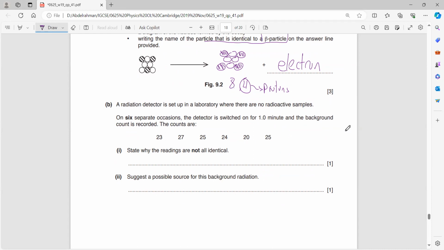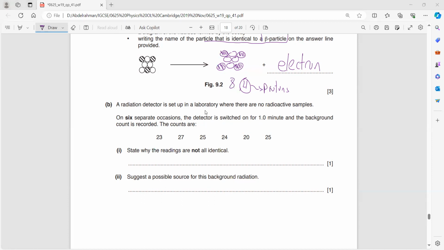Now state why the readings are not all identical. Why are the readings I have not all identical? A radiation detector is set up in the laboratory. On 6 separate occasions the detector is switched on for 1 minute and the background count is recorded. Why are they not identical?